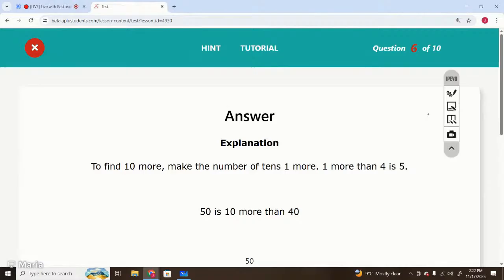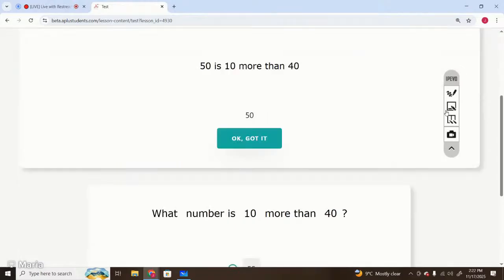So 50 it is. We need to add, not subtract, right? So that would be 10 plus 40 is 50.